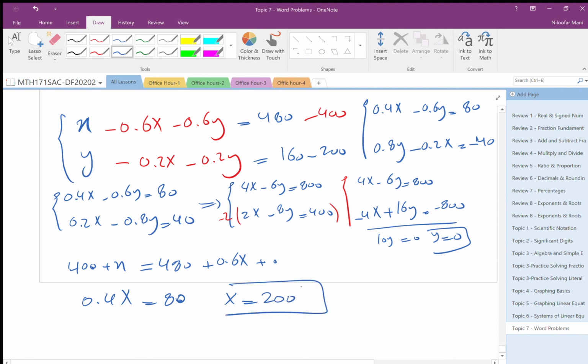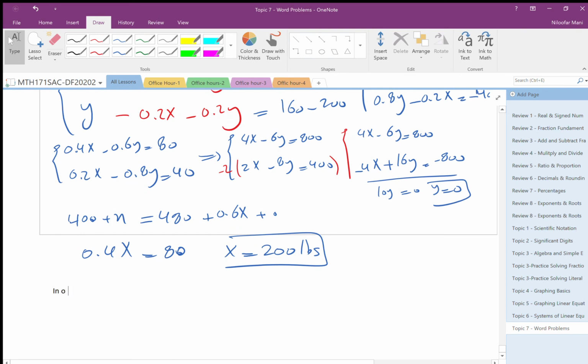Okay, 200 pounds. So in order to make this happen, we need to add 200 pounds of Sn and 0 pounds of Pb to the 800 pounds alloy.